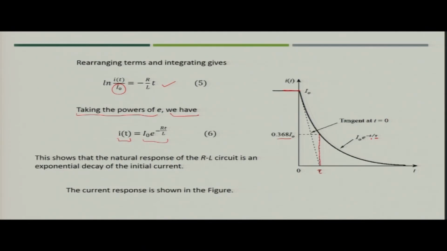Here also tau is the time constant. If you compare this with I naught e to the power minus t by tau, you can simply say tau is nothing but L by R, right.